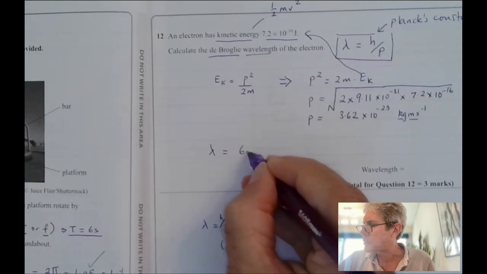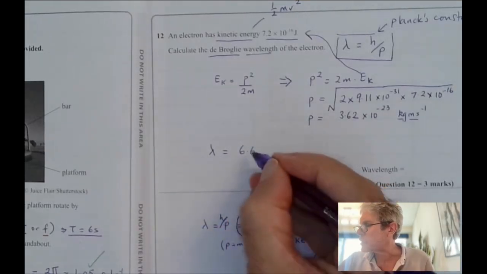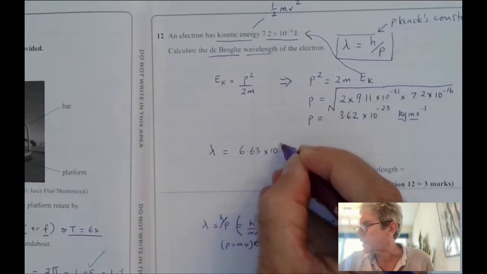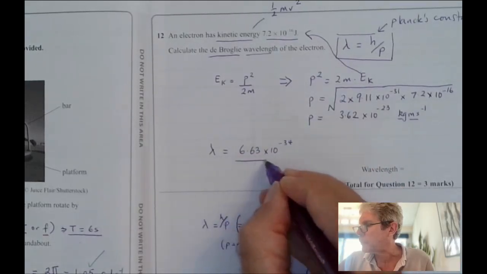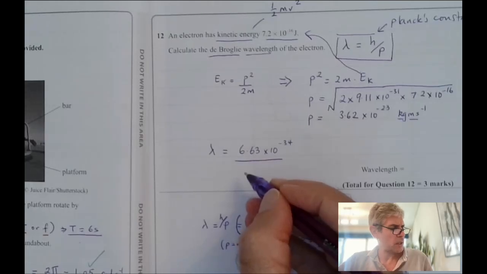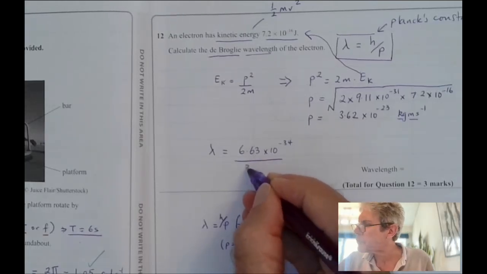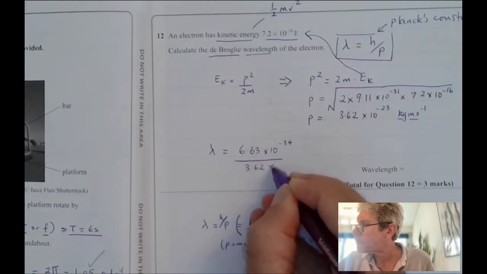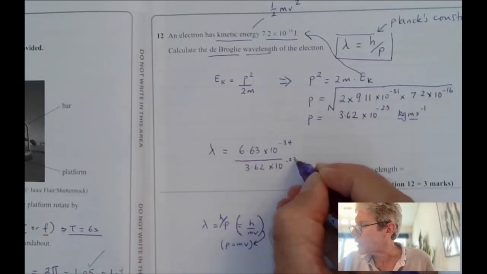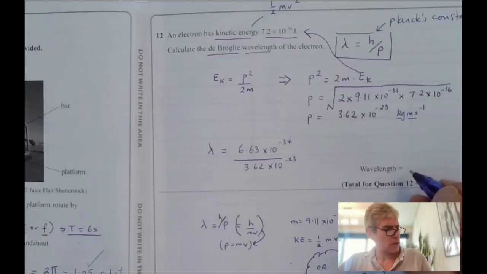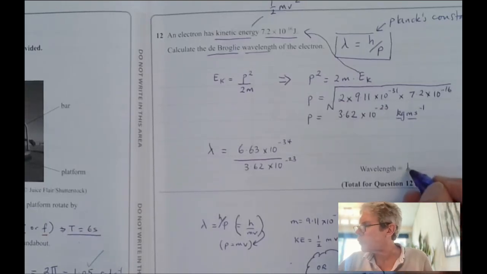H is Planck's constant, which is 6.63 times 10 to the minus 34 joule seconds, divided by 3.62 times 10 to the minus 23, and that will give you a value of 1.83 times 10 to the minus 11 meters.